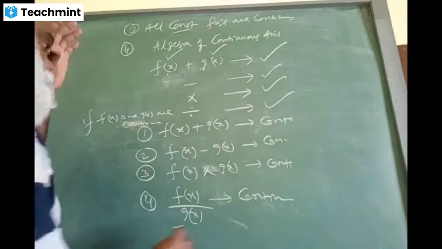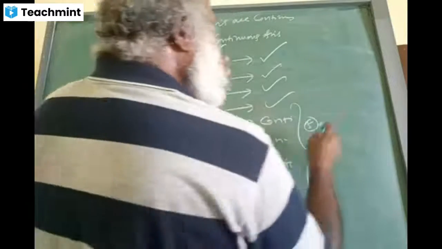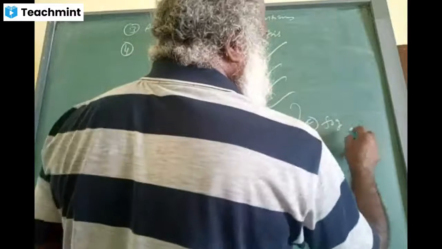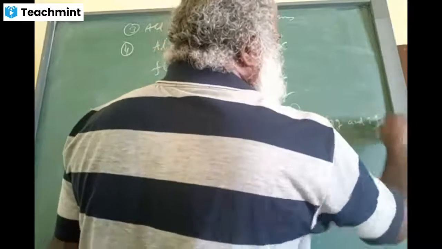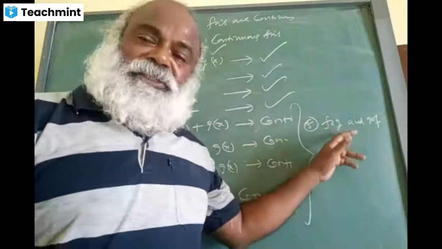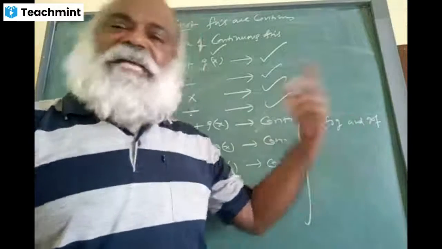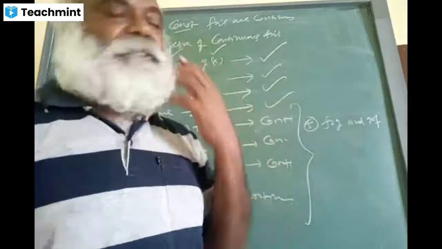Another point, the fifth one, is the composition, fog. If g is continuous and f is continuous, then fog is also continuous.